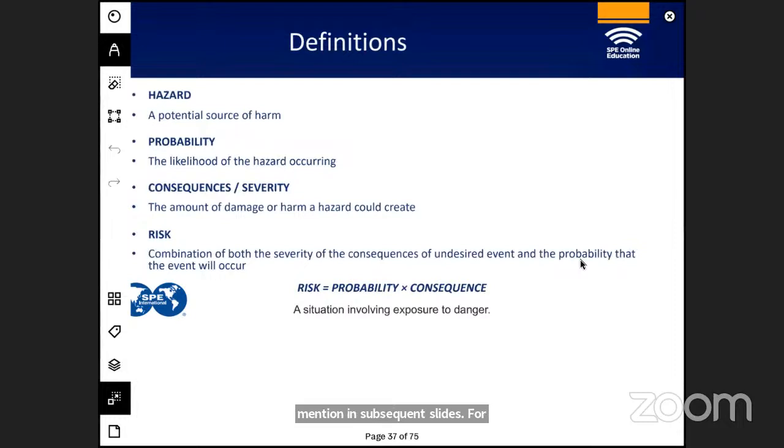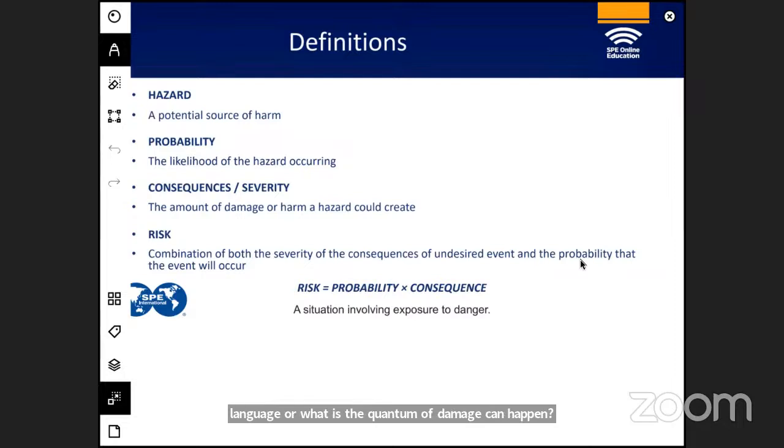First, some definitions about hazard, probability, consequence, risk. So a hazard is a potential source of harm. Probability is the likelihood of the hazard occurring. And consequence is, if that hazard happens based on the probability, what is the quantum of damage that can happen.